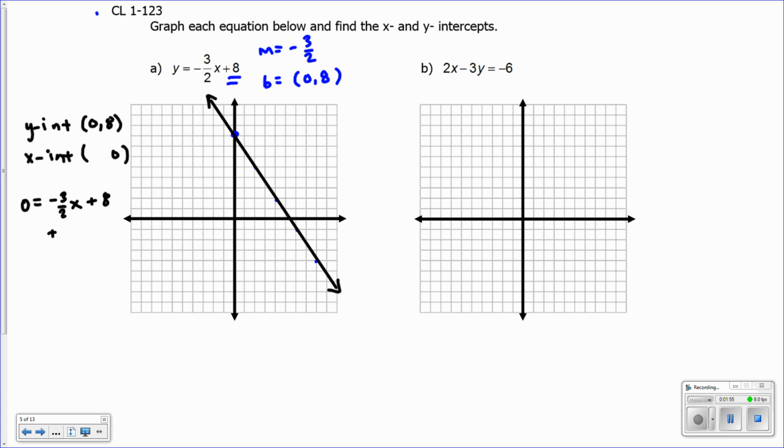I'm going to add 3/2 x to each side. So I have 3/2 x equals 8. Go ahead there, multiply each side by 2. You've got 3x equals 16.